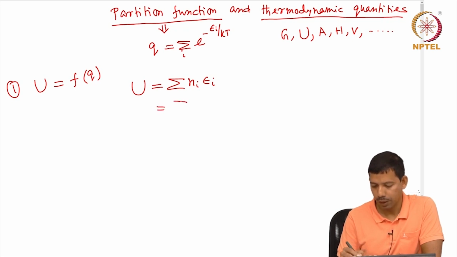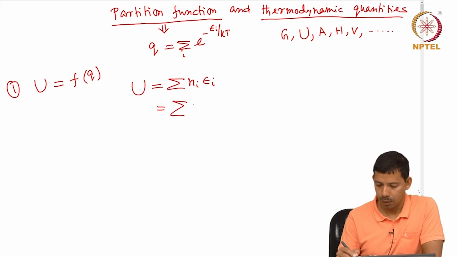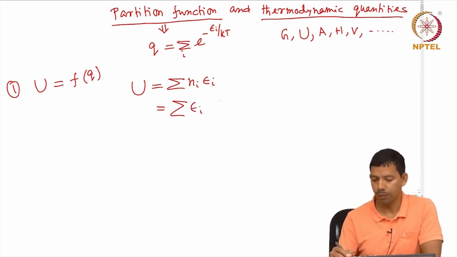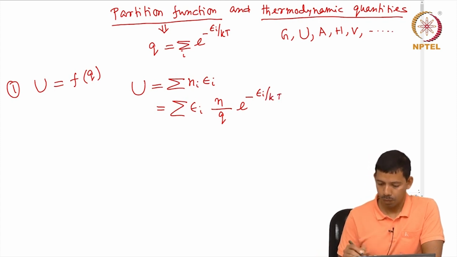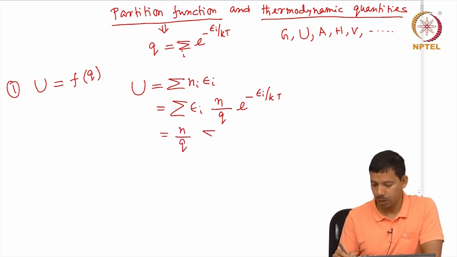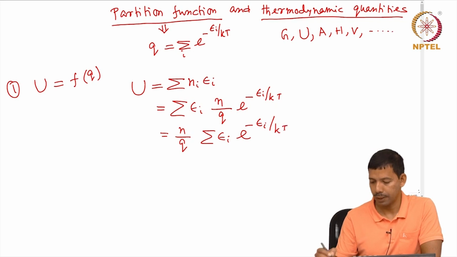Now, if I expand this, I write epsilon i, and for Ni I will make use of the Boltzmann distribution law, which is N by Q e to the power minus epsilon i by kT. If we write it in a simplified form, this turns out to be epsilon i e to the power minus epsilon i by kT.